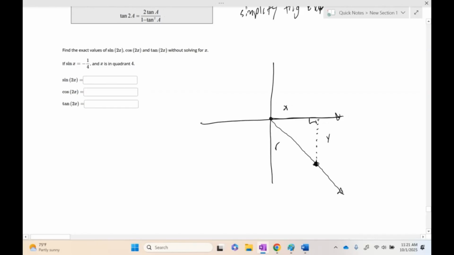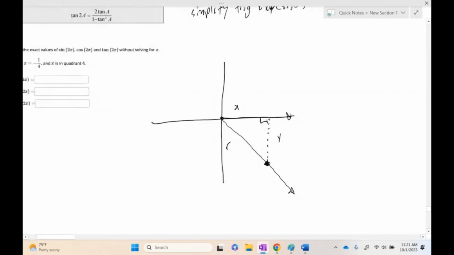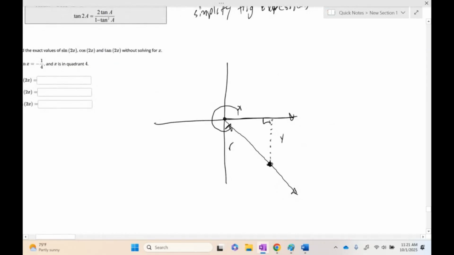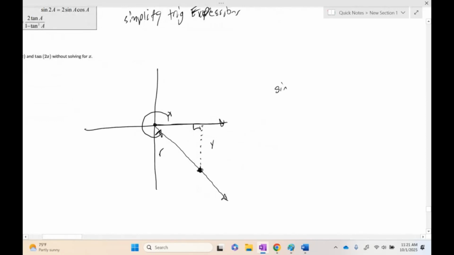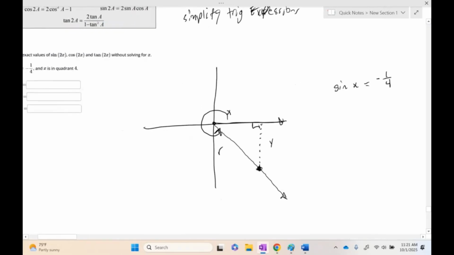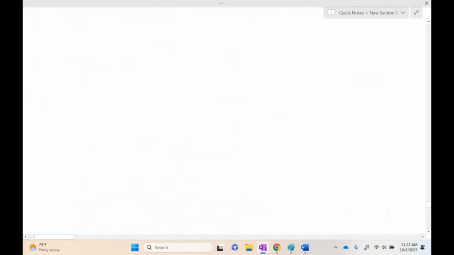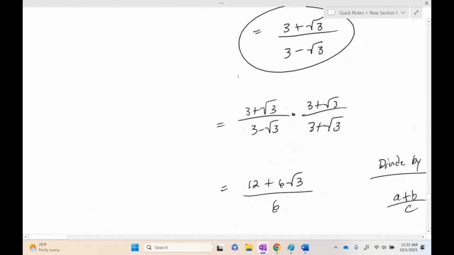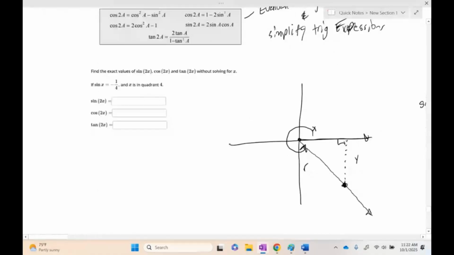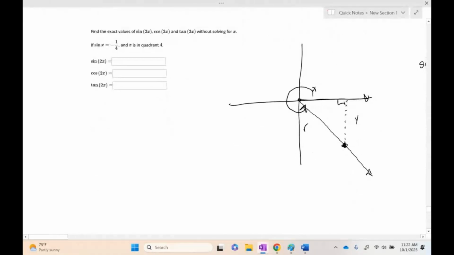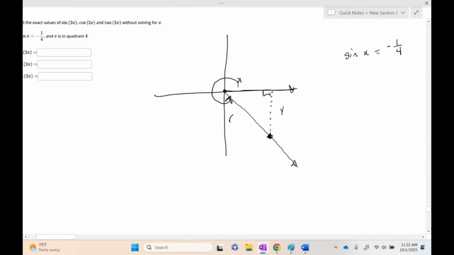I just sketched out an angle in the fourth quadrant, and this was my angle right here. They give us the fact that the sine of x is equal to negative 1/4. That was all of the given information. This thing just keeps moving. So first thing, I just sketched that out. We're going to add more to this in just a second.